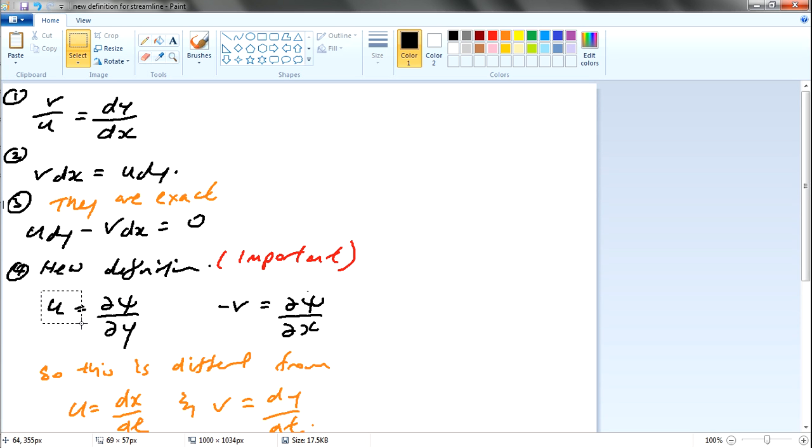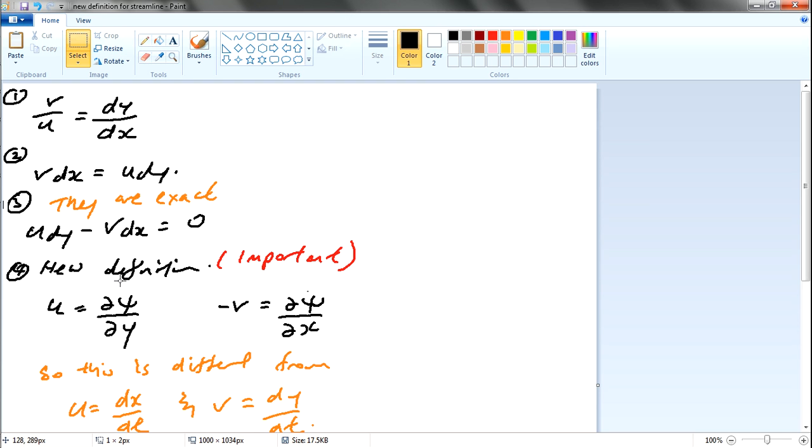Eventually u is equal to partial xi divided by partial y, while minus v over here is equal to partial xi over partial x. This is a very key term I want to convey.